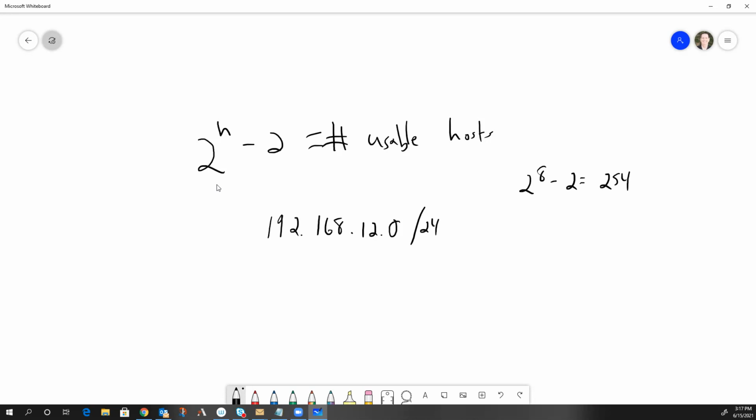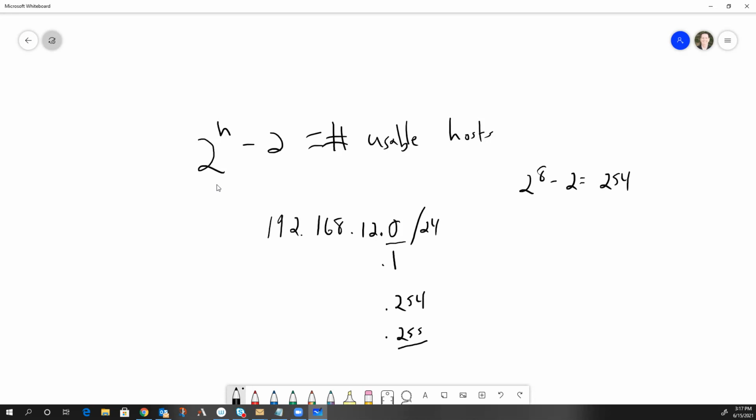The reason for that is because the first usable address is .1, the last usable address is .254. You can't use 12.0 for a host because the host portion is all zeros. That's the network ID.